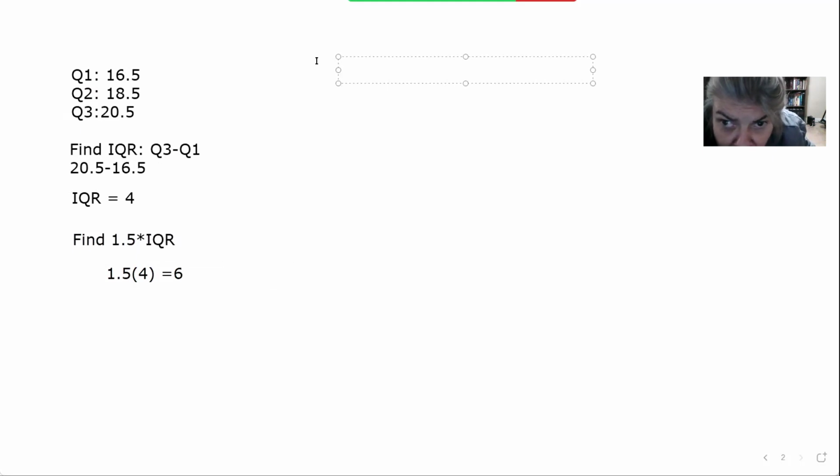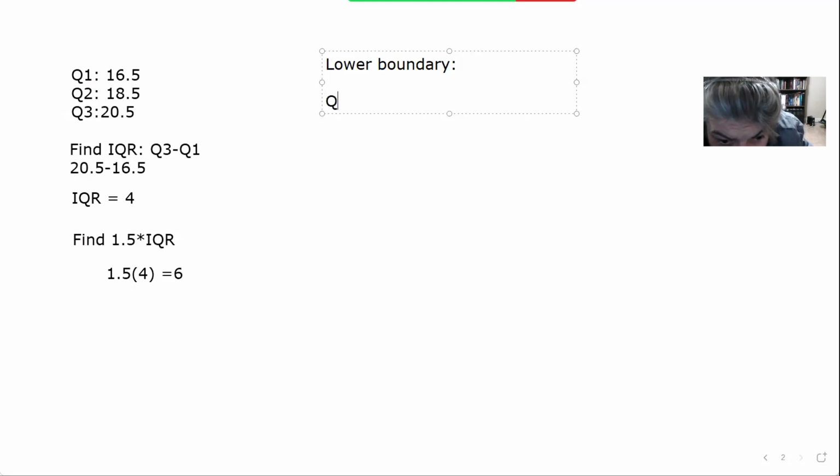So to find your lower boundary, you're going to do Q1 minus 1.5 times the IQR. Now, that's why we calculated it. Okay, that's why it's there.